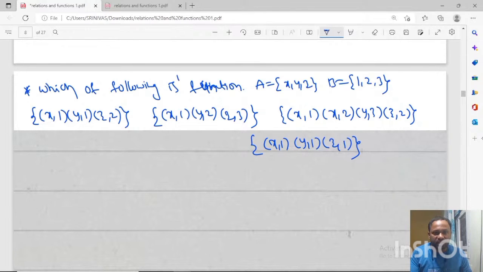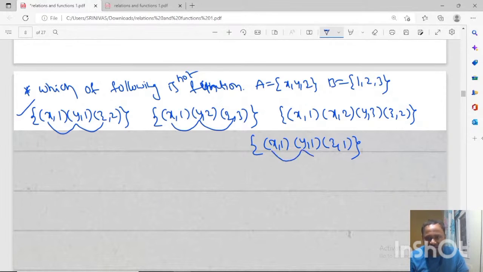Which of the following is not a function? That is the question. Guess about this. Not a function means simple. Here x, y, z all are used, so it is a function. Here x, y, z all are used, it is also a function.